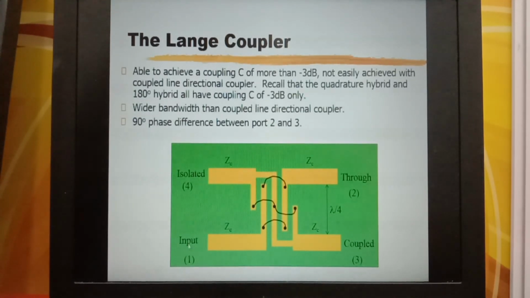If we input a signal to port 1, we will have a signal coupled to port 3, and then a fraction of it is coupled to port 2. This fraction can be half power or less. Due to the spacing of lambda over 4, the two outputs will have a phase difference of 90 degrees.